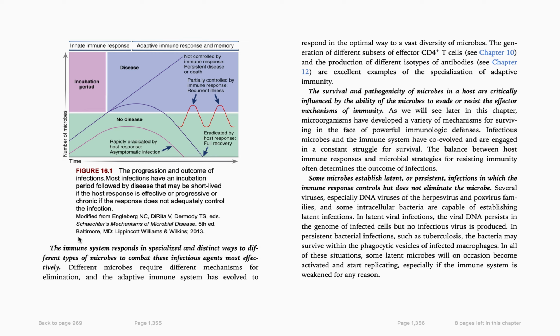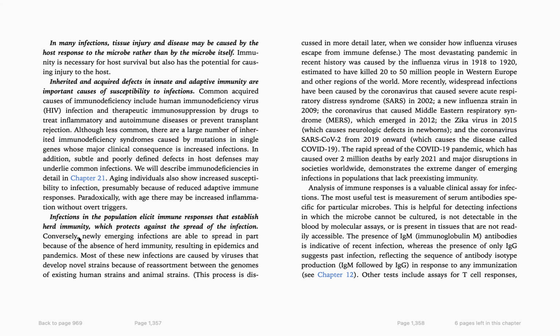In persistent bacterial infection, such as tuberculosis, the bacteria may survive within a phagocytic vesicle of an infected macrophage. In all of these situations, some latent microbes will on occasion become activated and start replicating, especially if the immune system is weakened for any reason.